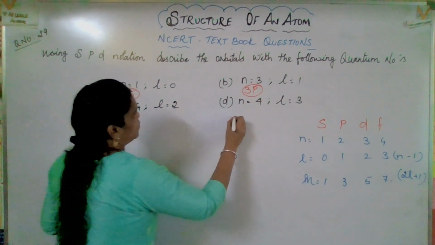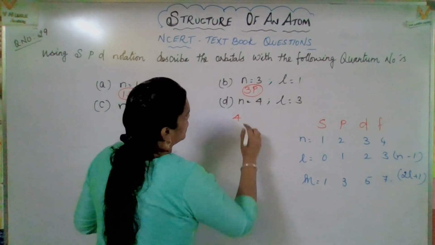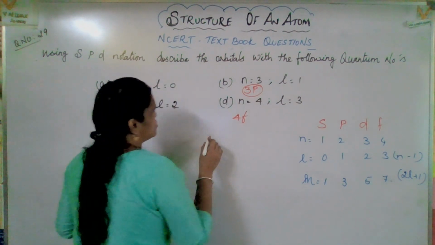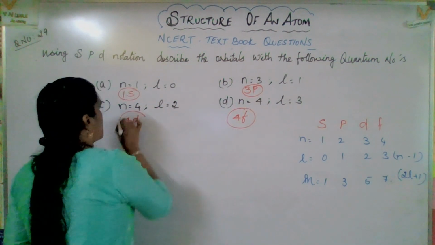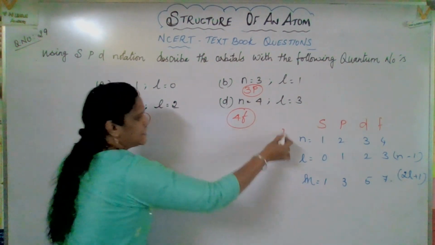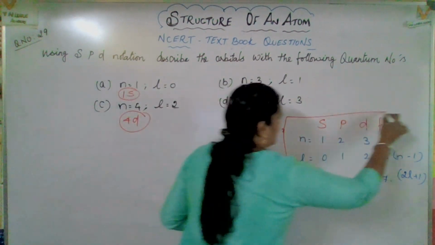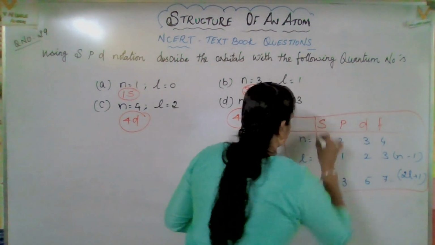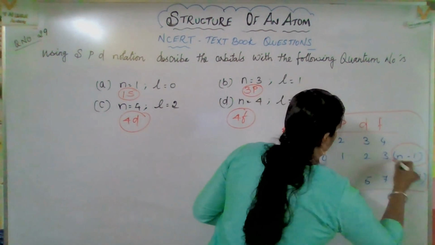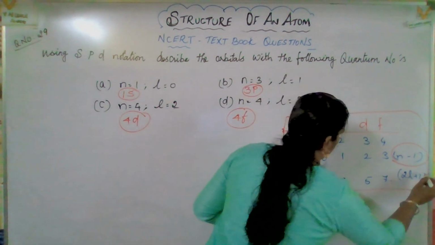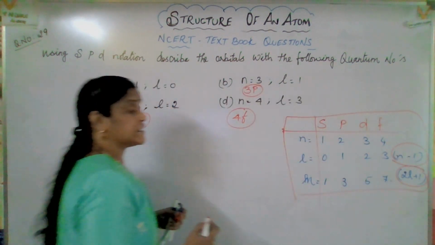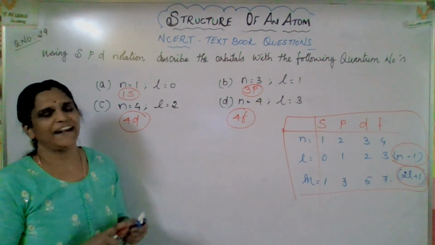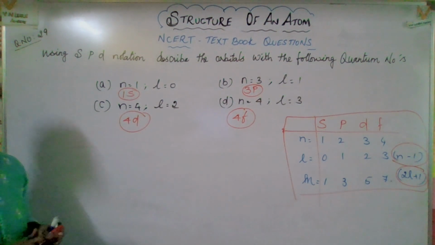And n equal to 4, that means 4, L equal to 3, f. So this is only that point. If you know this format, really you will get full marks in this concept. See, this is the formula for L and this is the formula for m. I hope you got a clear idea about this point.